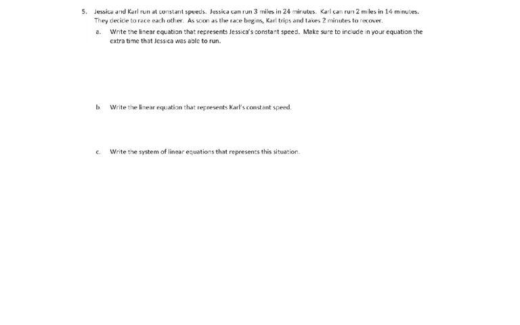All right, so remember that we can simply write our linear equation for Jessica as y equals 3 over 24x. But we are able to reduce this equation because 3 goes evenly into 24. So 3 over 24 becomes 1/8. So y equals 1/8 x. But we're not done.